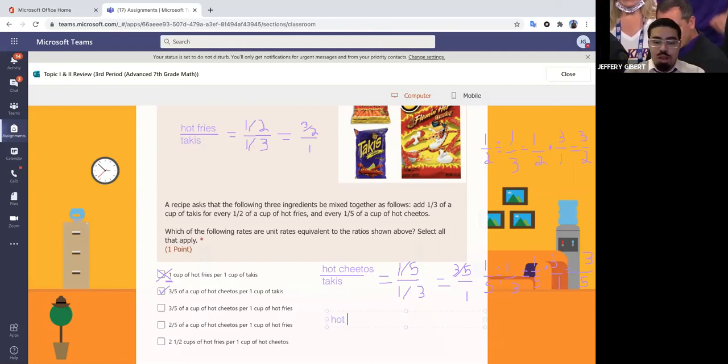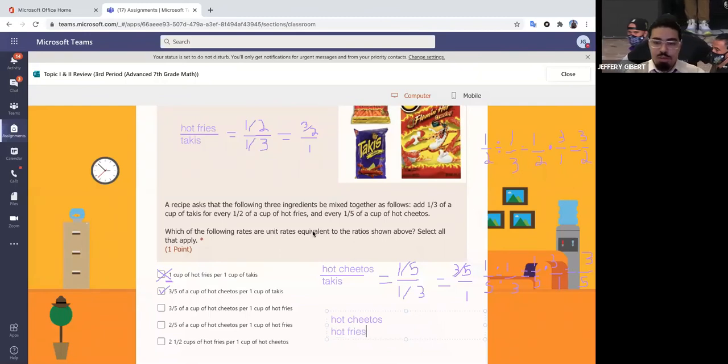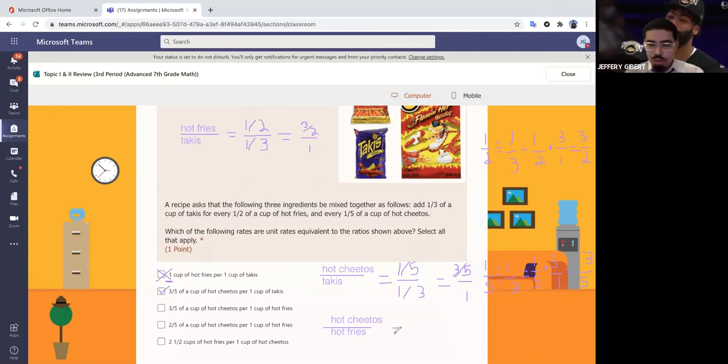The next one says hot Cheetos per hot fries. So hot Cheetos goes on top, hot fries goes on the bottom. The hot Cheetos is 1/5, and hot fries is 1/2.